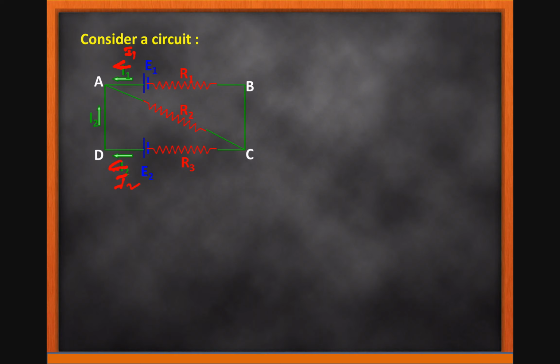At point A, these two currents will add up, so the current passing through AC is I1 plus I2. At point C, it will again divide, and this becomes I1 and this becomes I2.